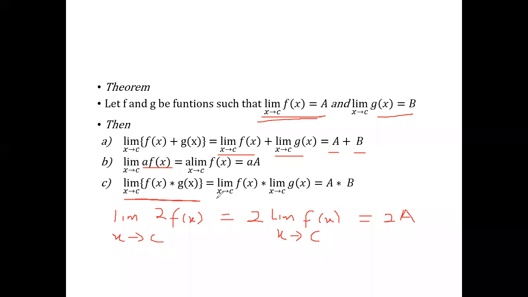And we know that the limit of the first function, f of x as x approaches c, is a, and the limit of the second function is b. So we have a times b. So I want you to write down the rules briefly, then we continue. I'm giving you some few minutes, let's say 1 minute, to write that down.